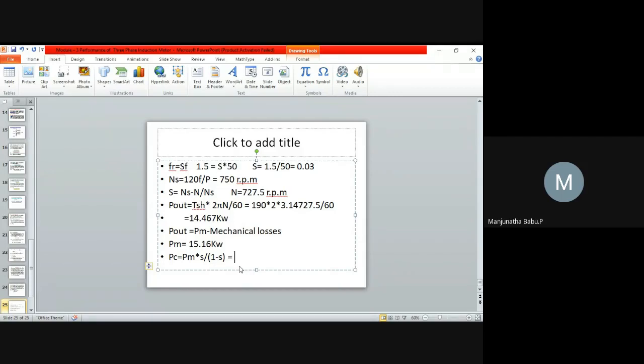Again, S is 0.03, not 3%. 468.87 watts. This is the copper loss which occurs when the useful torque is 190 with 8 poles, rotor frequency is 1.5 and mechanical loss is 700 watts. So this completes the first numerical.